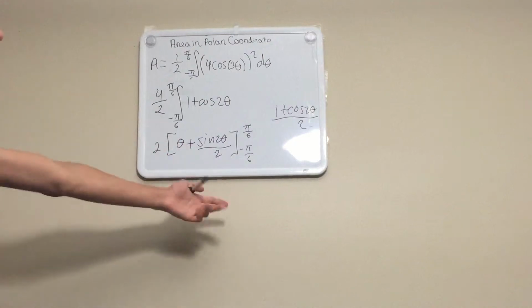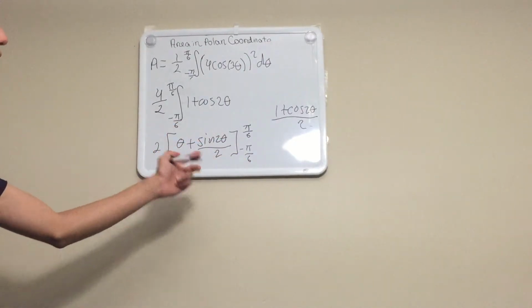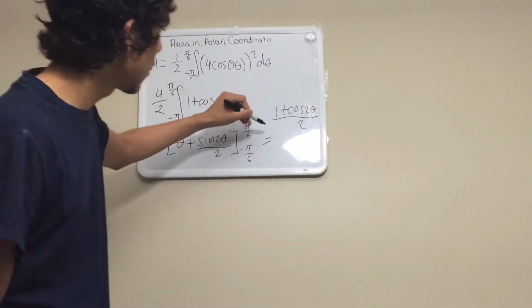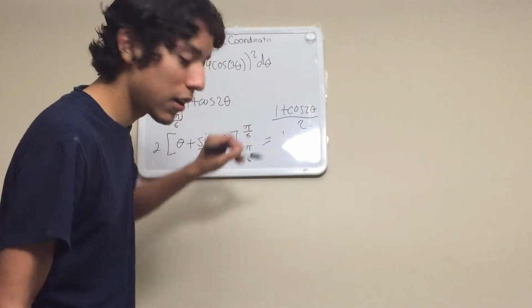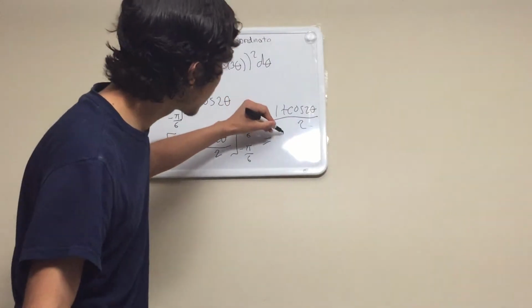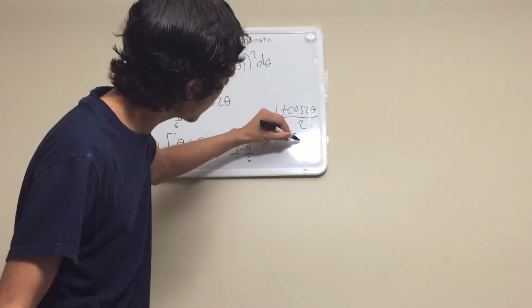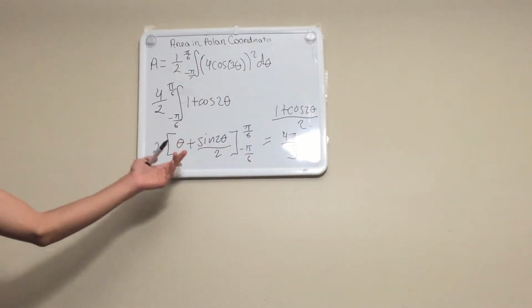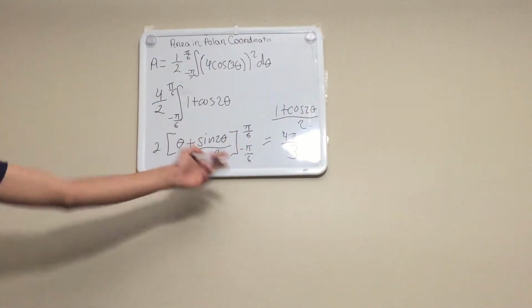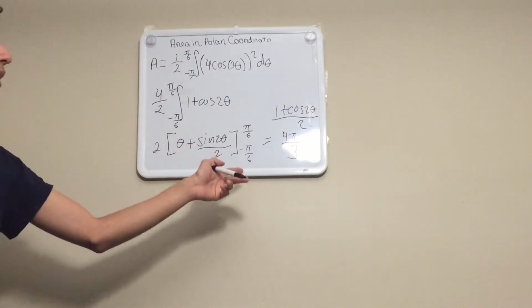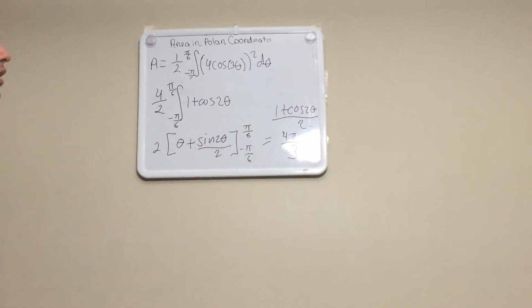Okay, so when we plug that into the function, we're going to get 4 pi over 3. That's how, because we simply plug in the values for pi over 6, and then we subtract the value at negative pi over 6, and that's how we conclude 4 pi over 3.